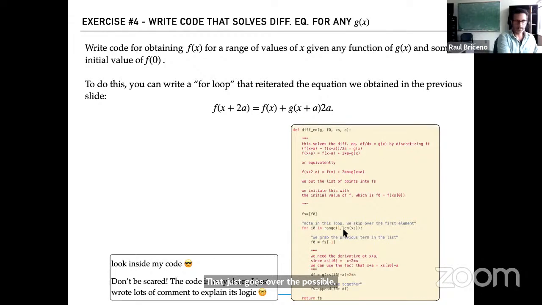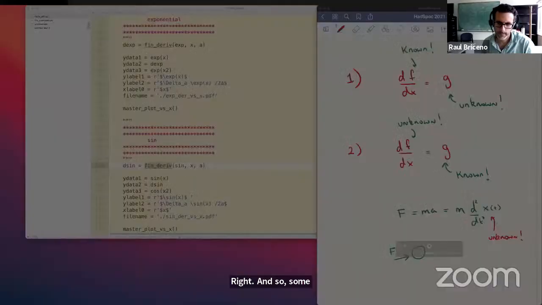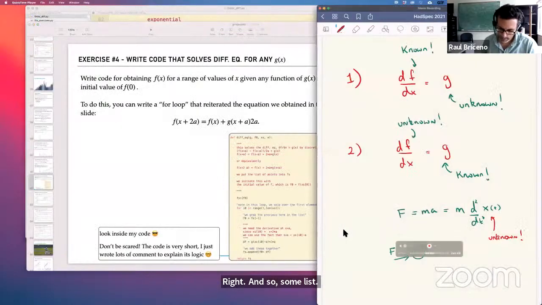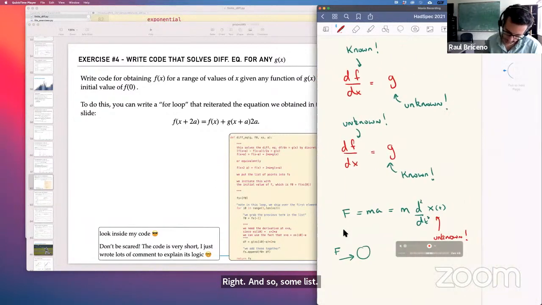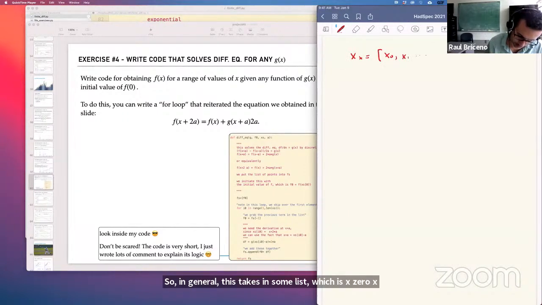All right, so I have some list. In general, this takes in some list, which is x0, x1, all the way to xn.